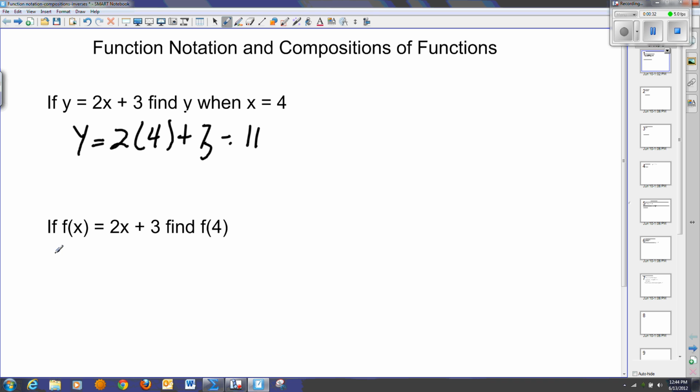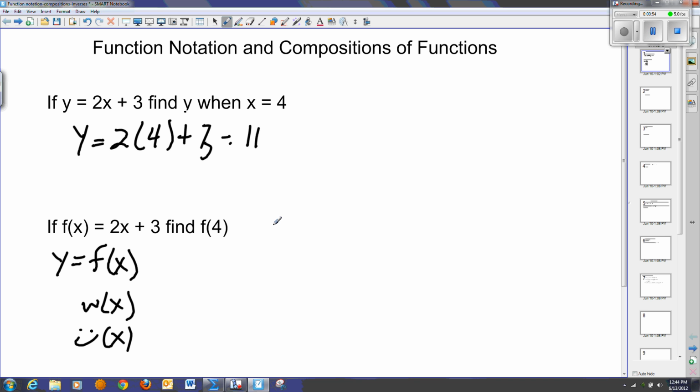Then we move to this thing called function notation, where y was equal to f of x. Just another fancy name. And for our purposes, it could be w of x. It could be anything we want it to be. It could be like a smiley face of x. Who really cares? All right? But it was just another fancy name to say y.